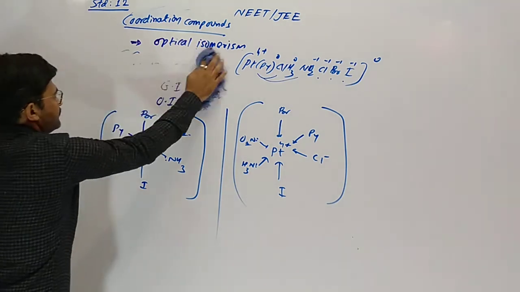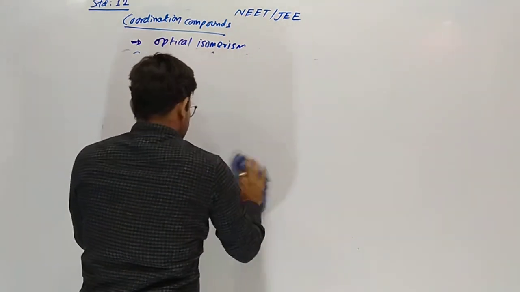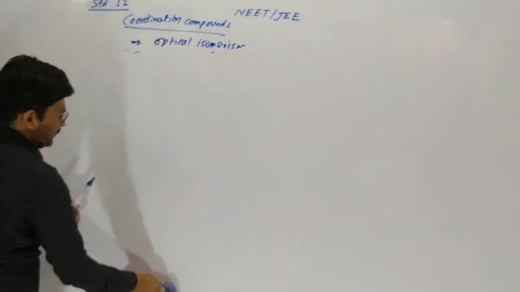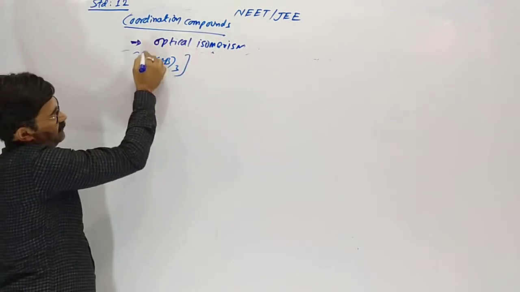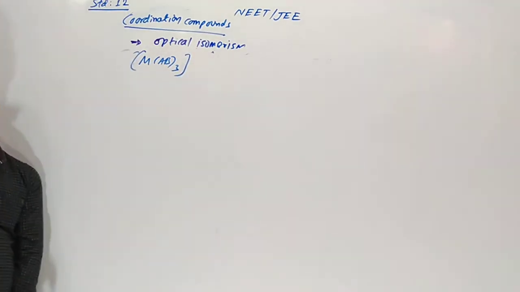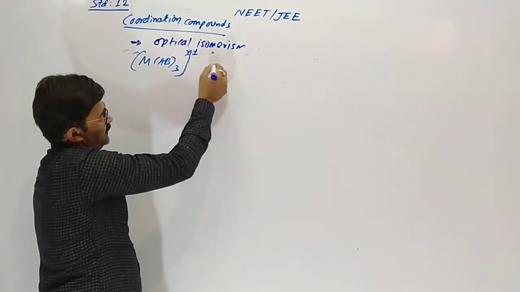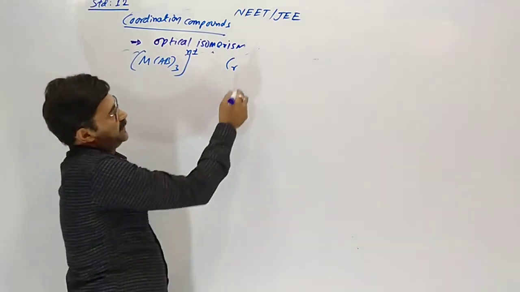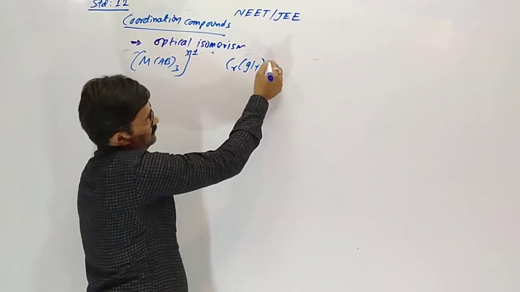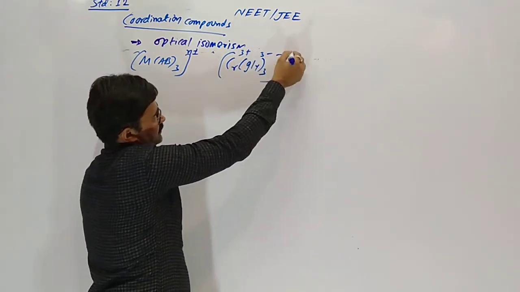Now, metal with M(AB)3, which means unsymmetrical. Suppose chromium is combining with glycine: 3 glycine gives minus 3, here plus 3, entity neutral.